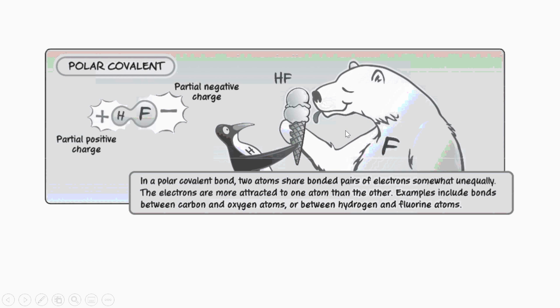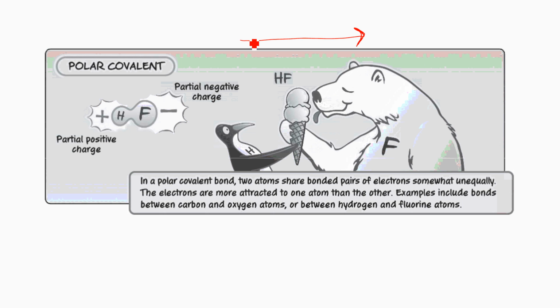Non-polar covalent, this is a combination where we have a penguin and a polar bear. So my polar bear represents an atom that has a much stronger pull on those electrons. In this case, my polar bear represents fluorine, which has really high electronegativity, and it's pulling the electrons away from my penguin. Notice how the electrons are still being shared, like they both have a grip on the electrons, but really the polar bear is getting way more of the ice cream than the penguin.